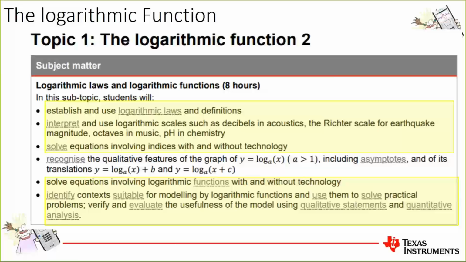So we're going to look at 3 questions right now on the logarithmic function. As I said, 2 of them are log laws ones, quite basic ones, and then one that is using the logarithmic scales. So let's get started on our first question so that we can work through it.